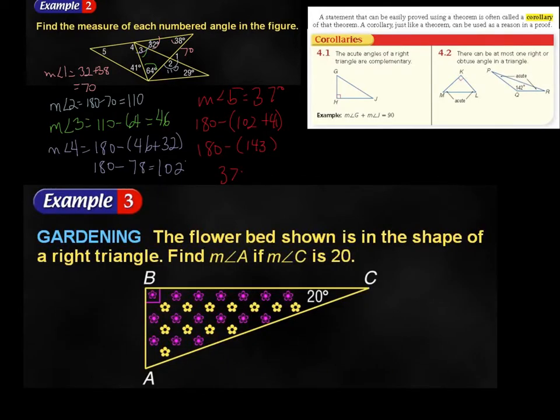For our last example, the flower bed is shown in the shape of a right triangle. Find the measure of angle A if the measure of angle C is 20. From that corollary 4.1, we know that all we have to do now to find angle A is subtract 20 from 90, which is all I have left for the other two angles, other than the right angle, and I get 70 degrees.